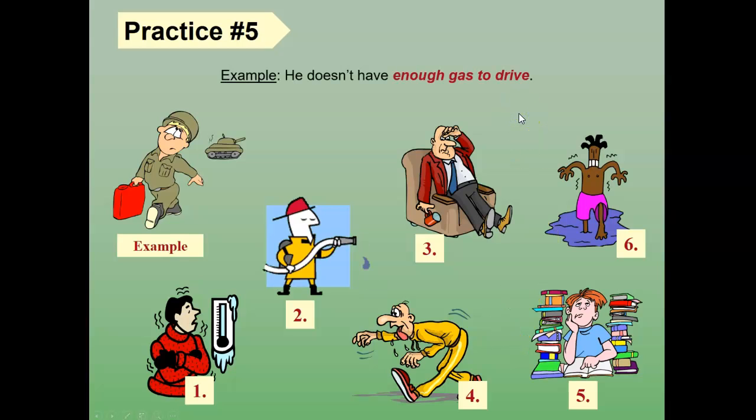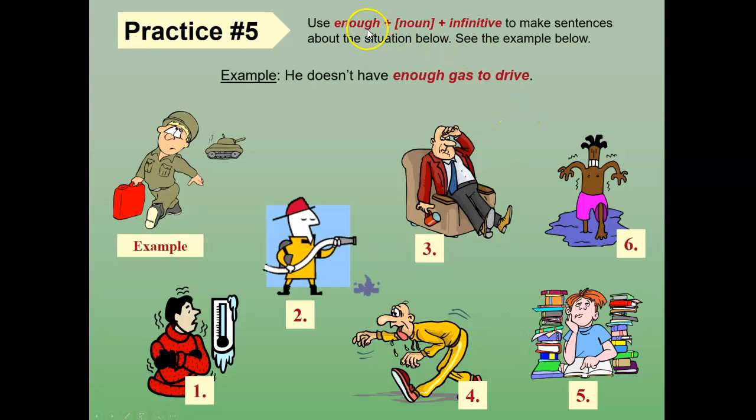Now, in this practice activity, use enough plus a noun plus infinitive to make sentences about the situations below. See the example. So, for example, on number 1, he doesn't have enough gas to drive.